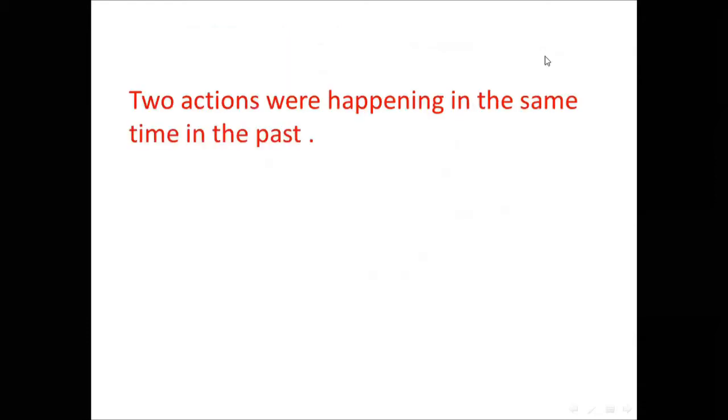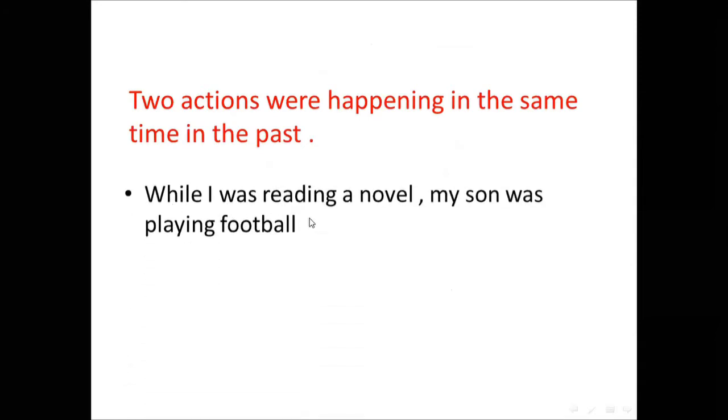Third use. Now here a sentence. While I was reading a novel, my son was playing football. Now here, as you see, I have while, okay? And we always use while to describe two actions that were happening in the past at the same time. Now imagine this action describes I was reading, and this action describes my son was playing.